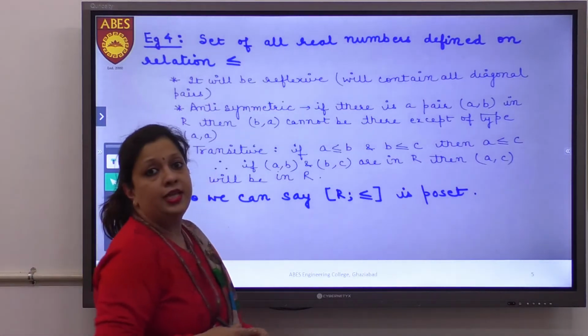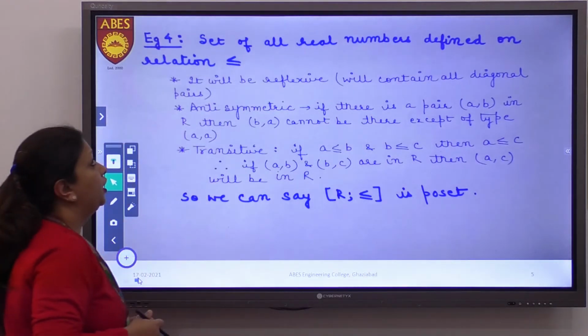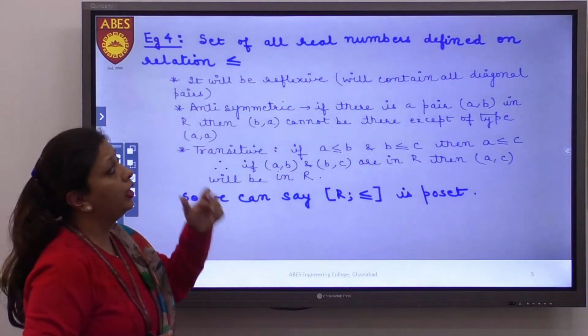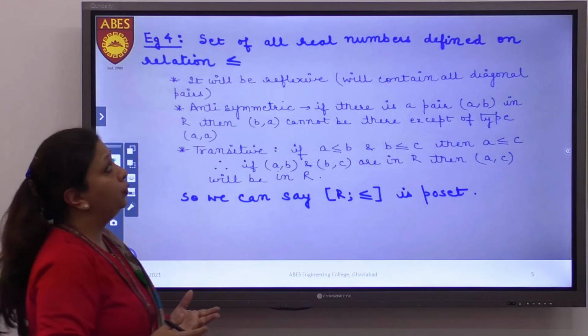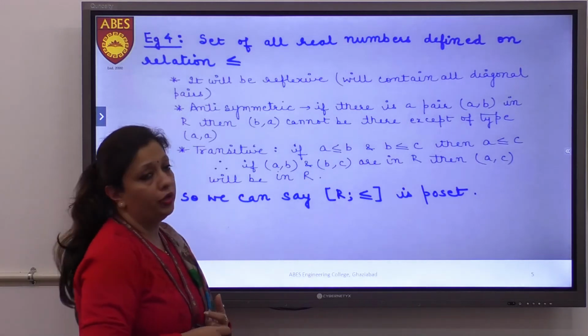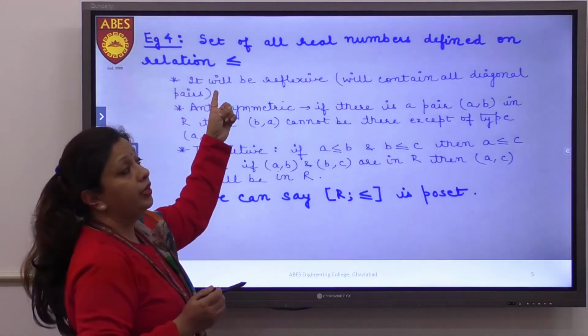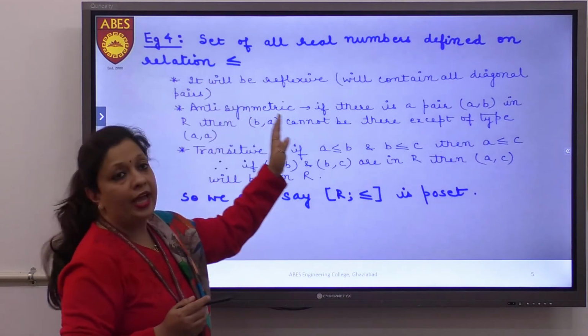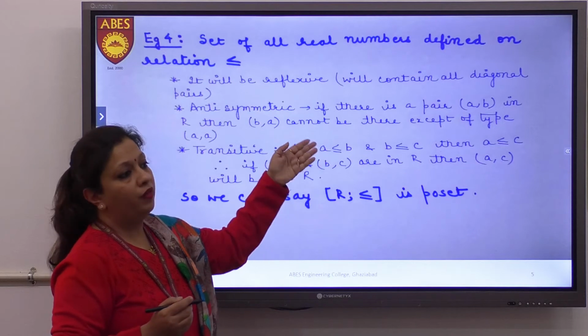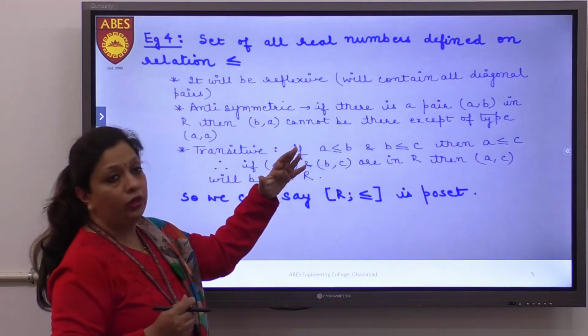Now this is the fourth example for partial ordering relation, or we can say Posets. Set of all real numbers defined on the relation less than equal to. Why is it going to be a partial ordering? Reason being, the operation here is less than equal to. So all the diagonal elements will be present, 1, 1, 2, 2, for all the real numbers.